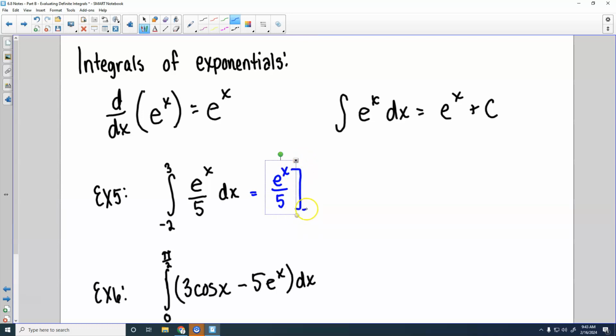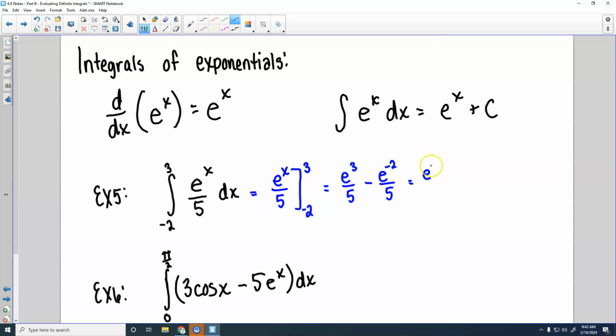And then we will need to evaluate that from negative 2 to 3, because this one is a definite integral. So we'll have e to the 3rd over 5 minus e to the negative 2 over 5. It just depends on what they give you for your answers. They might leave it like that.